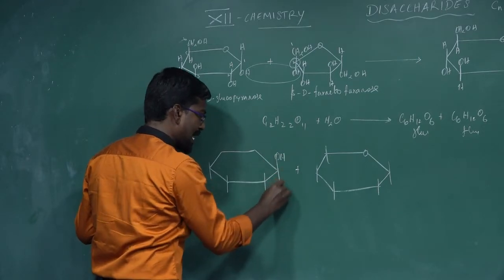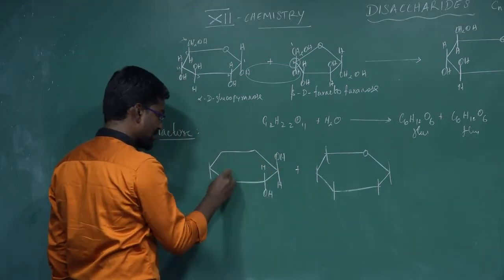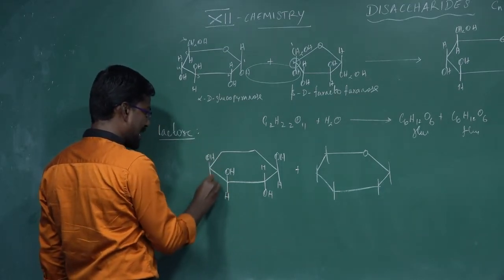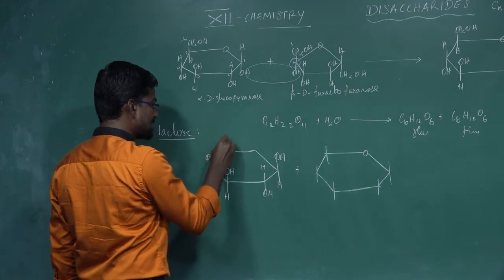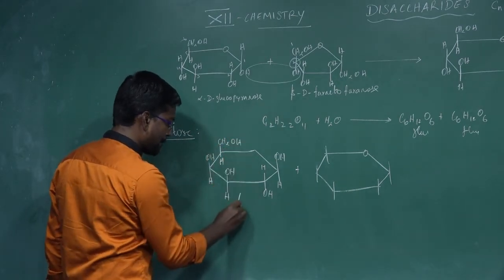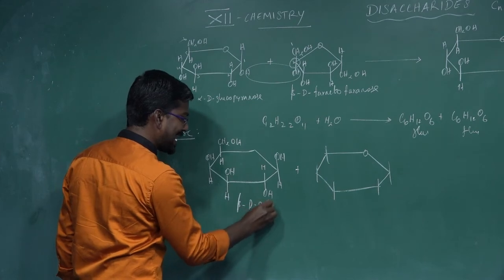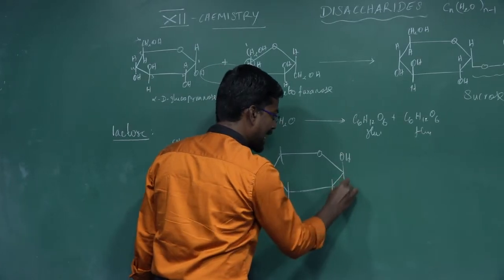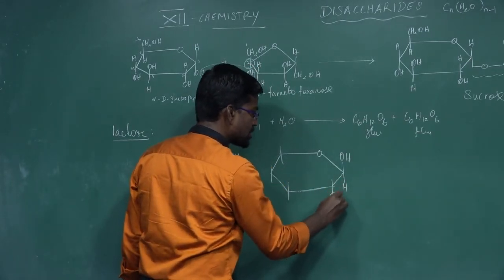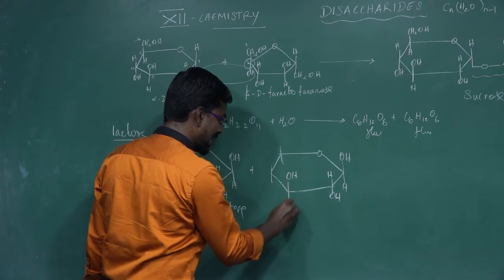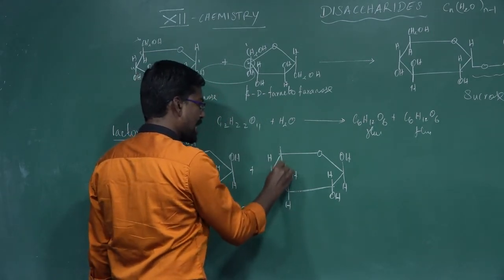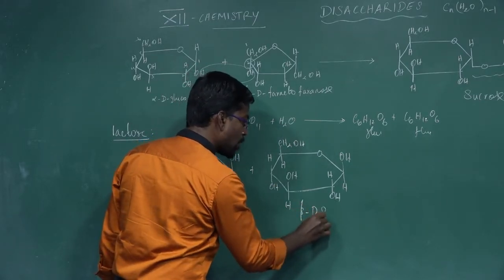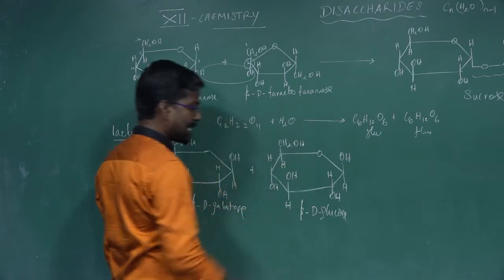This is beta D galactose. And this is beta D glucose.